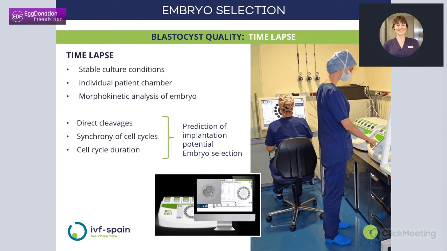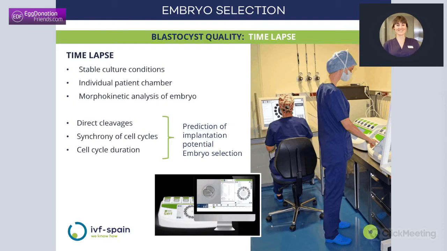And we do not need to disturb its stable culture conditions, because embryos, of course, need a special temperature, a special oxygen concentration, a special CO2 concentration, so we do not need to disturb them to do this. In addition, we can also get more information about the embryo, because we look at the embryo in a more dynamic way.